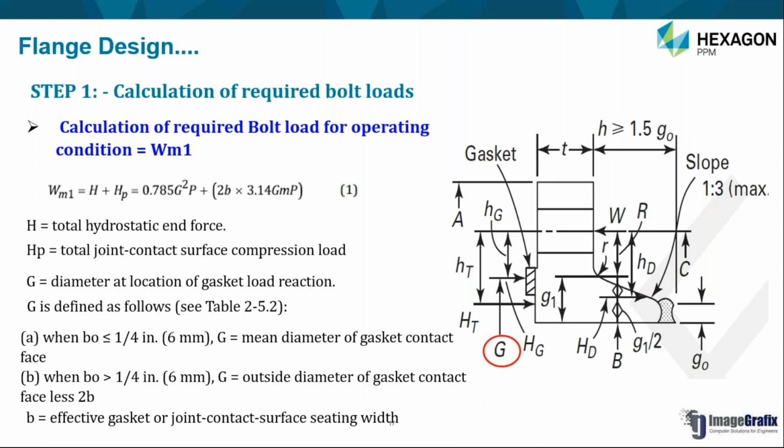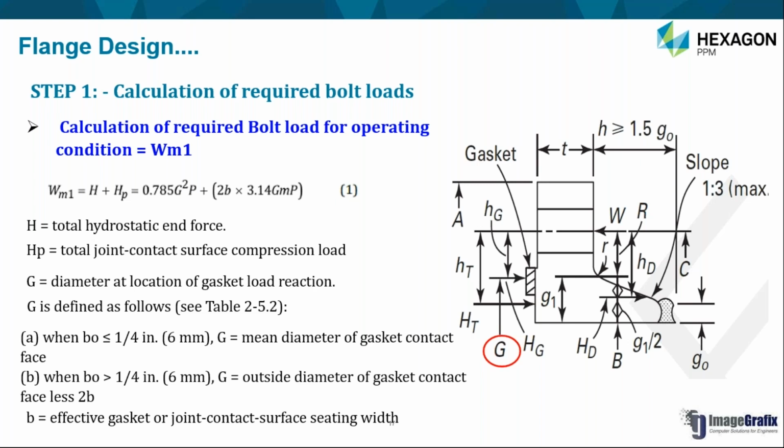H is the total hydrostatic end force applied at the gasket load reaction, where your gasket mean diameter is considered as G. The formula is pi by 4 G square into P.